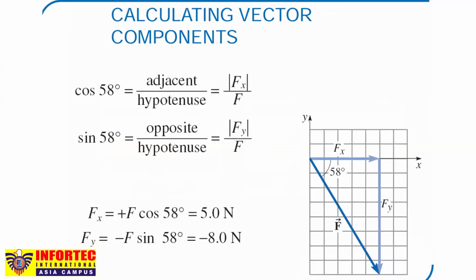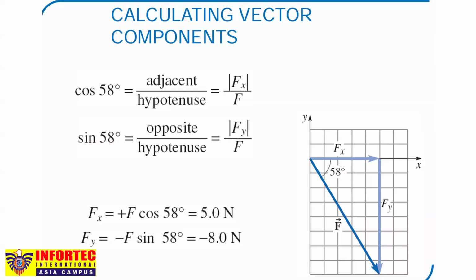Here you can see a diagram where the angle is 58 degrees. The length along the y-axis is Fy and the length along the x-axis is Fx. How do we define cos 58? It is Fx divided by F, the mod value, meaning we consider only the magnitude, not the direction.